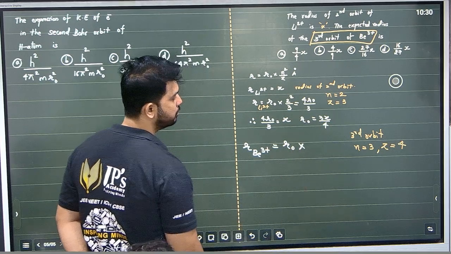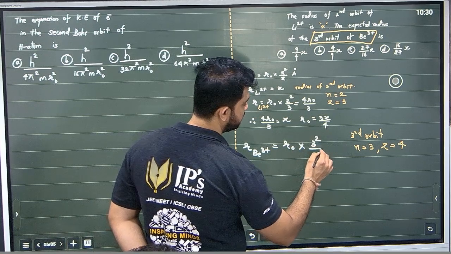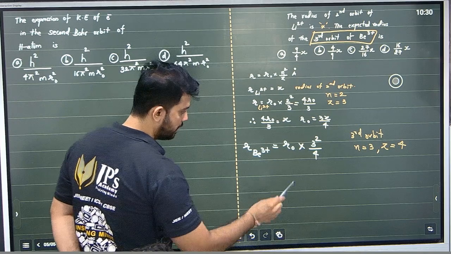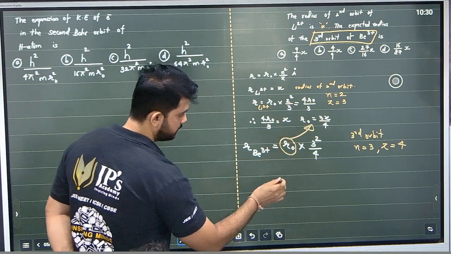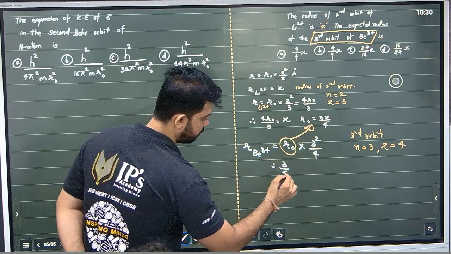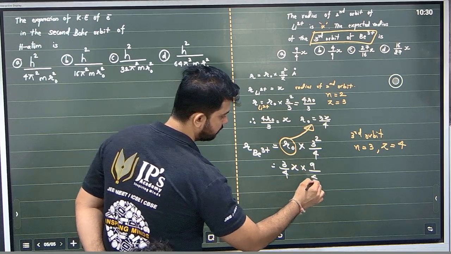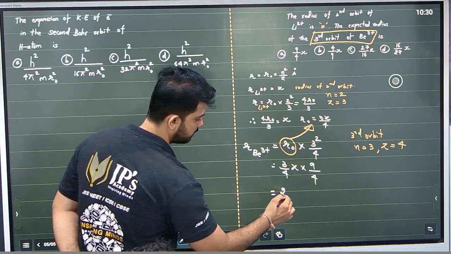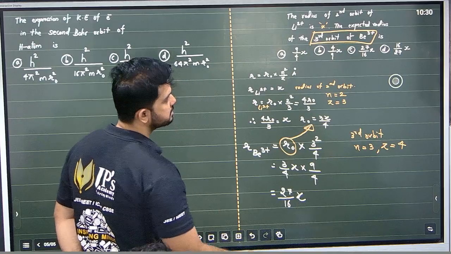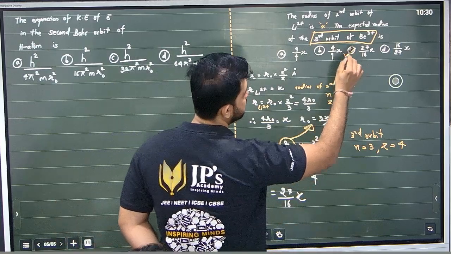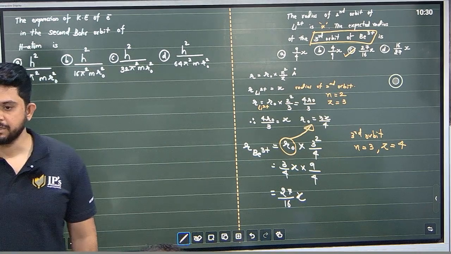R naught into 3 square over 4. But how much is R naught that we've got from here? So 3 over 4x into 9 by 4. How much is the total? 27 by 16 x. That is the answer.